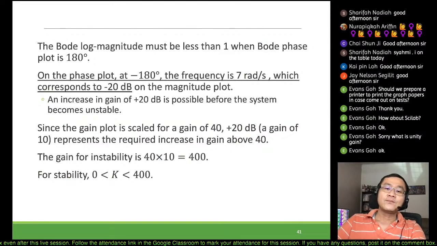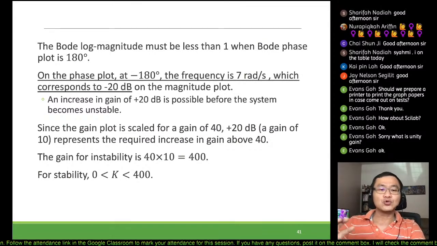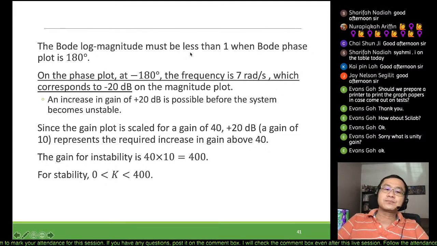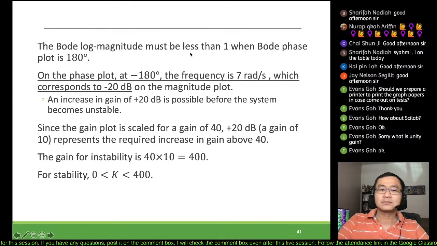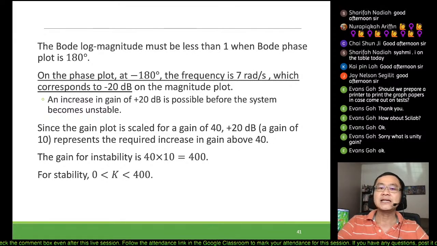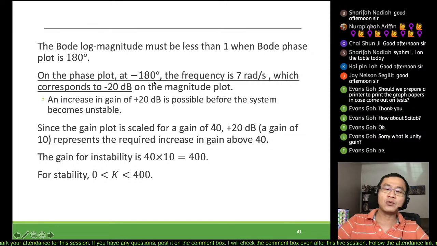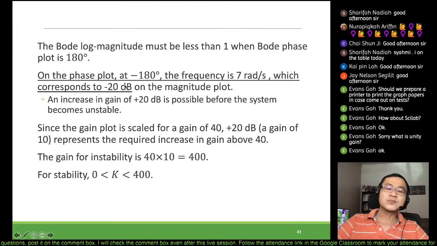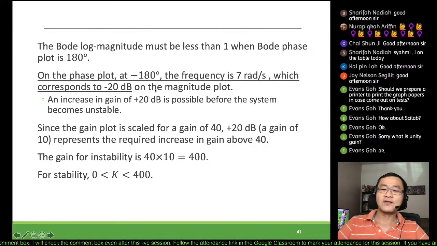Therefore now we can start to do some interpretations from that. For the Bode plot we obtained to be stable, as we recall clearly, the magnitude must be less than 1 when the phase plot equals 180 degrees. So at the 180 degrees, the frequency is 7 and the corresponding magnitude is minus 20. It's fine, right?